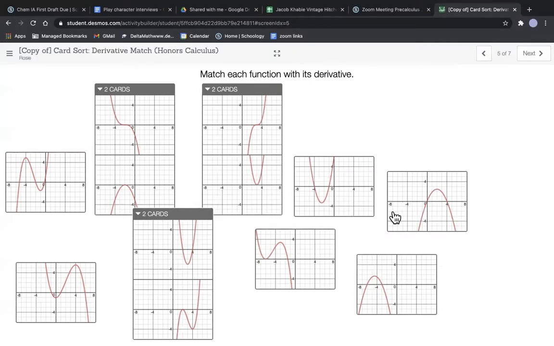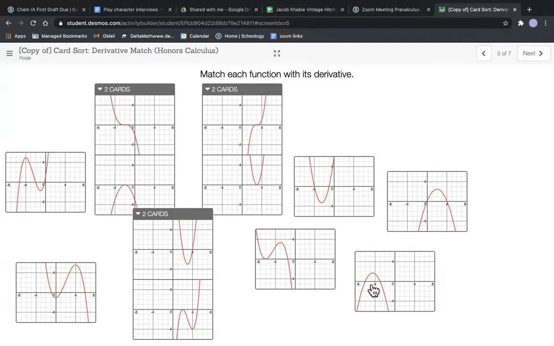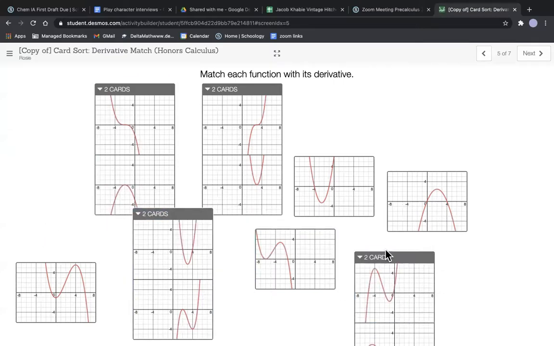Yeah, 1, 2, 3. Oh, here. That one goes with the one that changes direction at -6 and also changes direction at -3.